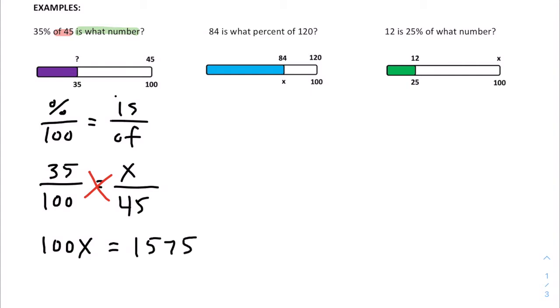And then the nice thing with percents is we end up having to divide by 100 sometimes, which is a pretty easy thing to do. So in this case, we end up with x is equal to 15.75. And since it's a nice, neat decimal that stopped, I'm going to keep that whole thing.